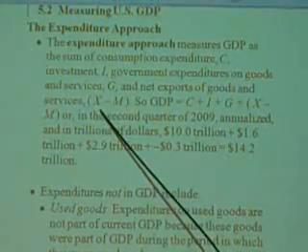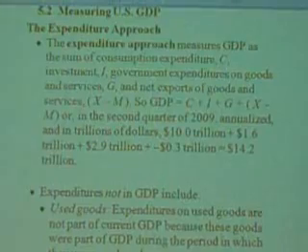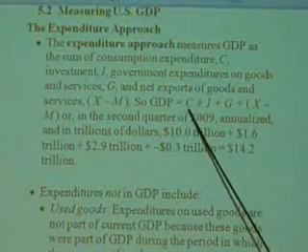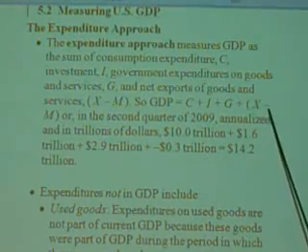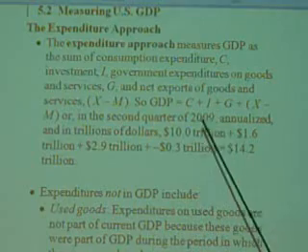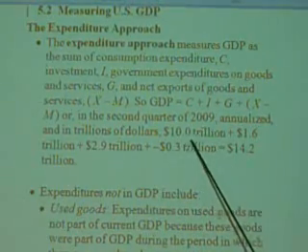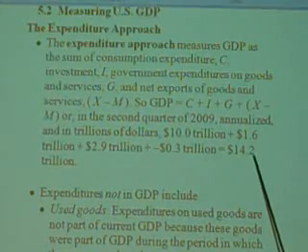So subtracting the imports from the exports, the total value of the exports. GDP equals C plus I plus G plus this difference between the exports and the imports. In the second quarter of 2009, in trillions of dollars, the GDP of the United States was $14.2 trillion.